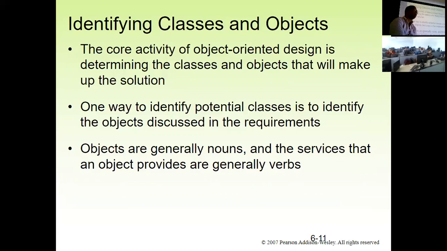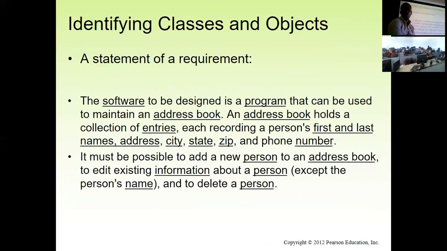And once you have dealt with that, then you start dealing with how they interact and so on, okay? Now, if we have a statement, for example, that says the software to be designed is a program that can use and maintain an address book. Notice software and address book and program are nouns.